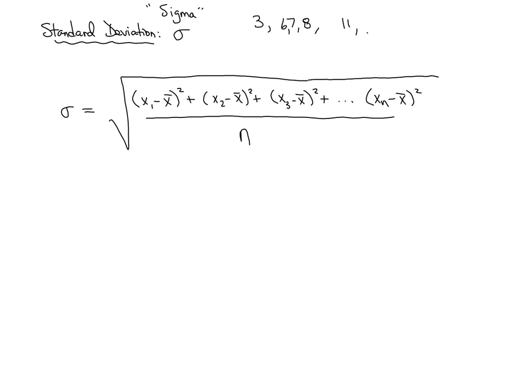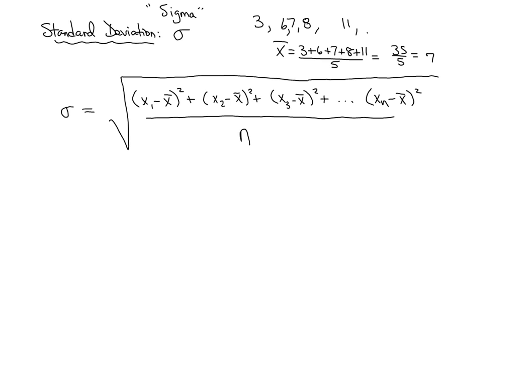Okay. So if you add these all together, x bar is equal to 3 plus 6 plus 7 plus 8 plus 11 divided by 5. So that's 35 divided by 5, which is equal to 7. So that's our x bar, our average, our mean.